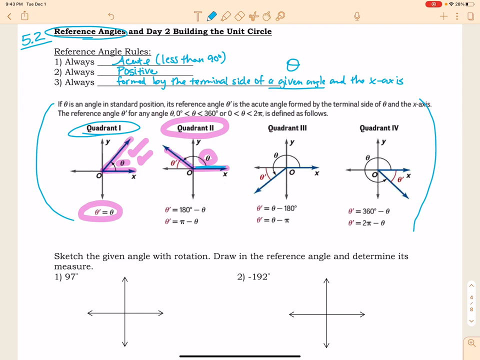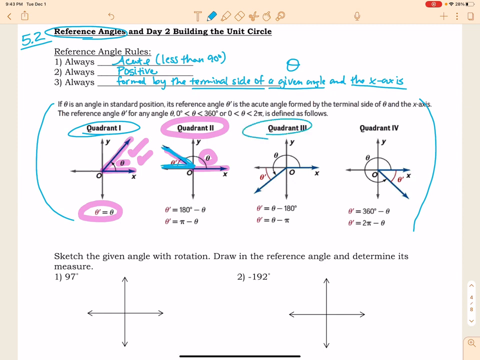So we have got to find the reference angle associated with that angle. Remember, it's formed by the terminal side of the given angle and the x-axis closest to it, which makes sure that angle is acute. So that would be the reference angle right there.